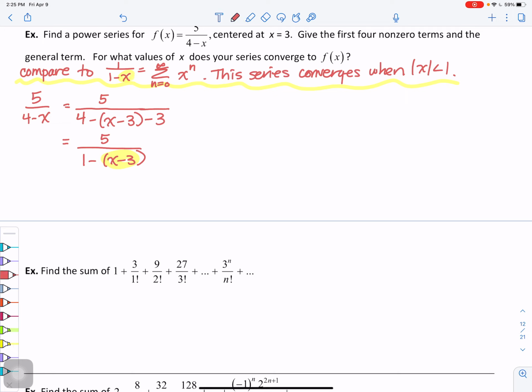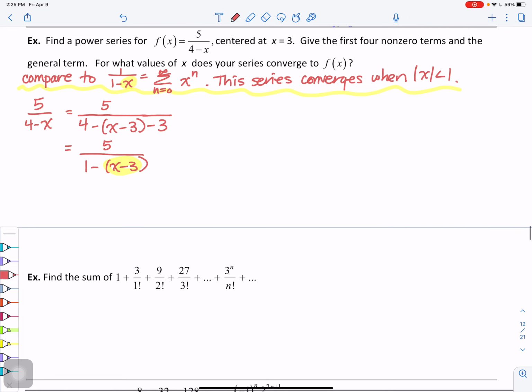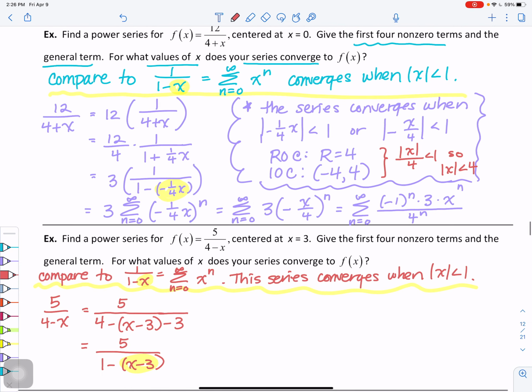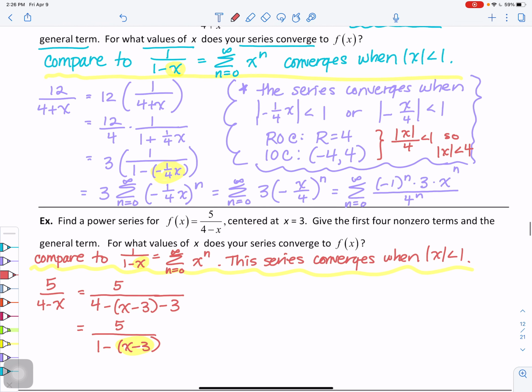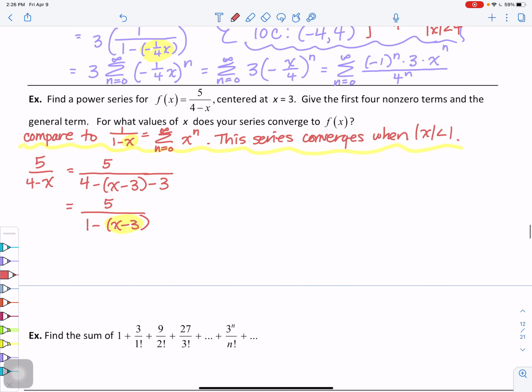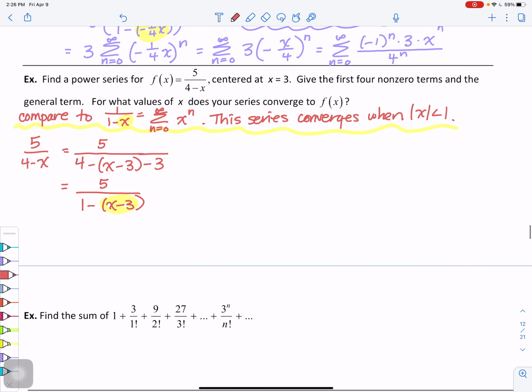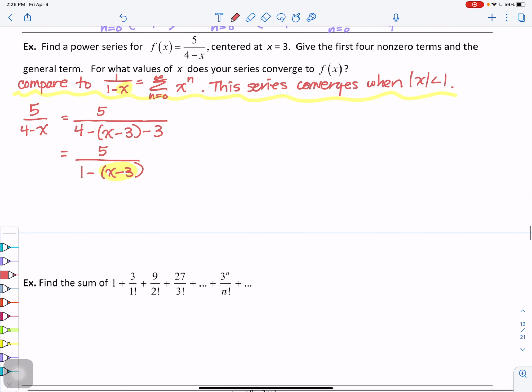So let's go ahead and write this. And this question asked us to give the first 4 non-zero terms, a little bit different than this one. Well, no, I think we might have forgotten to give the first 4 non-zero terms there, but we could write them. We did the general. So let's go ahead and do that.